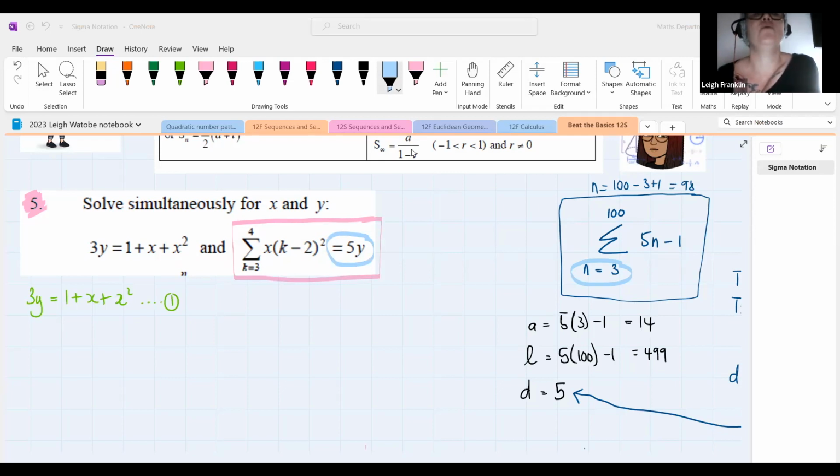Exactly. Okay, see how I work? Brilliant. So the sum to n number of terms in this case is 5y. So things are adding up to, and it's going to be equal to 5y. That's our SN. Good, lovely.